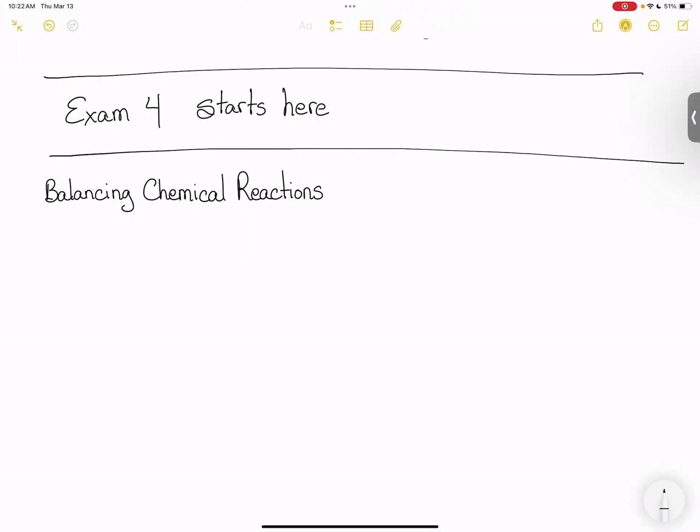A balanced chemical reaction is necessary in order to follow the law of mass conservation.